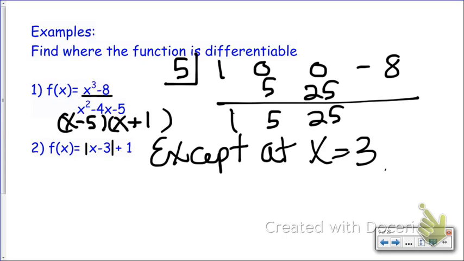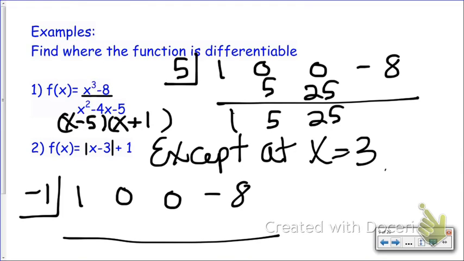So let's go ahead and see if we can figure out if negative 1 is a root down here at the bottom. Again, bring down the first number, multiply and add, multiply and add, multiply and add. It appears that neither of these are a common factor of the numerator.